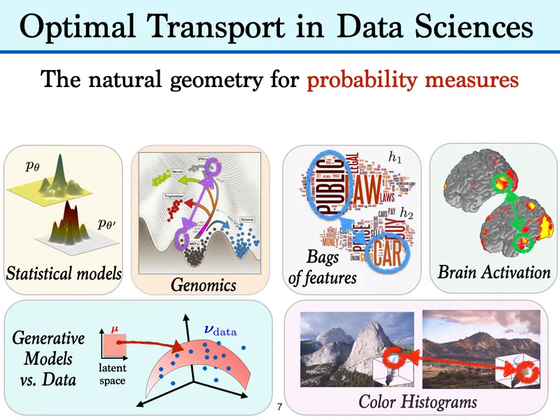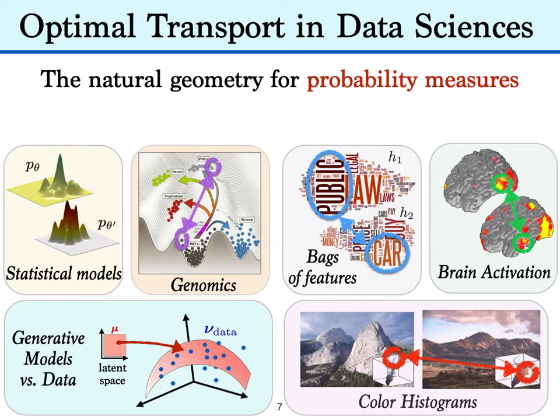And one of the important things to notice is that really optimal transport is very geometric. It is essentially something that will look at a pair of observations and start from the geometry on the space of observations to define a meta-geometry on the space of probability distributions supported on those observations.